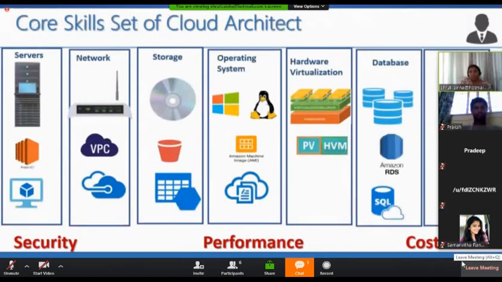See, in the on-prem environment, you can actually decide which server you want. Right? It should be a rack-mounted server or the tower server. What should be the RAM? What should be the CPU? But in AWS or Azure or any cloud environment, there are certain instances that you have to select from.